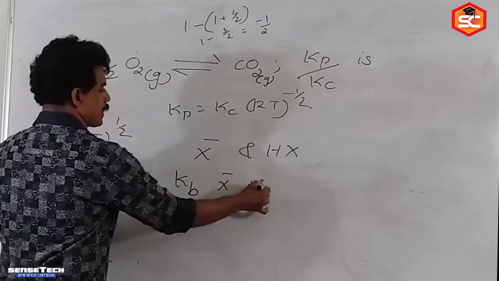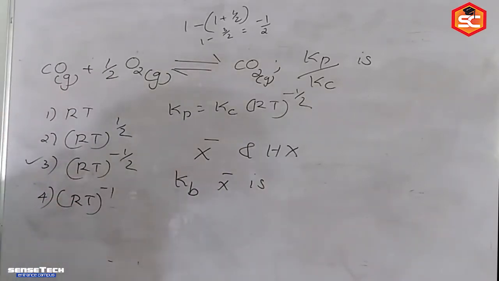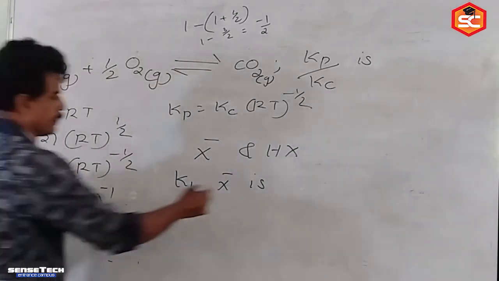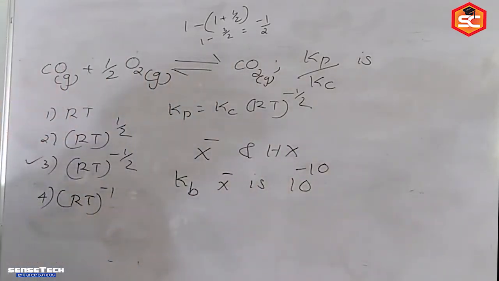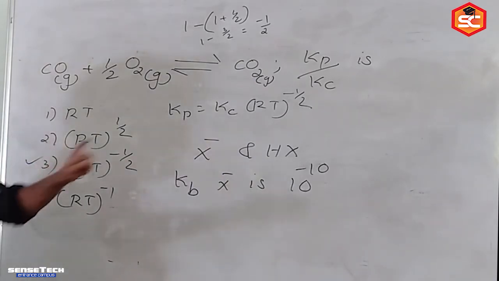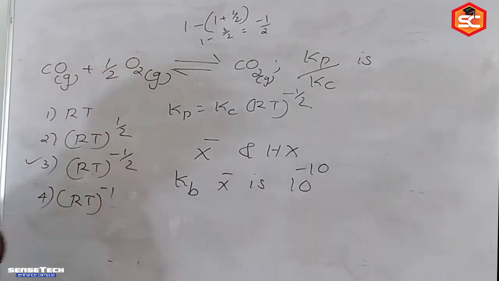The Kb for X minus is 10 to the power minus 10. What will be the pH of the buffer solution?